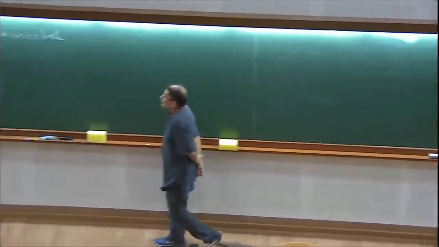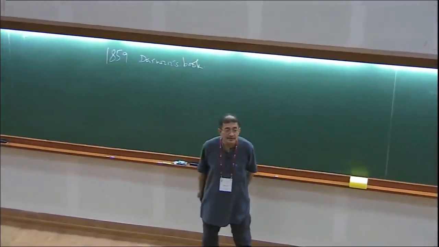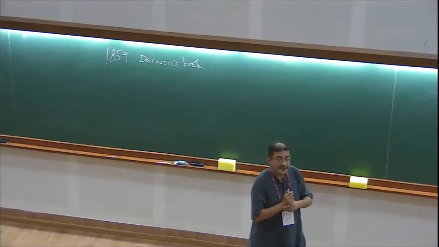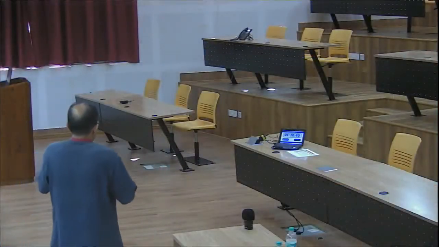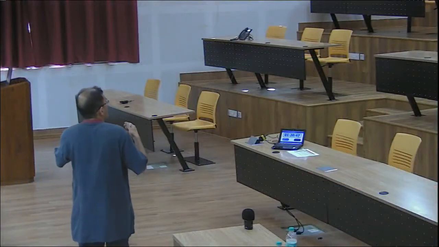Now, most of us are probably familiar with the notion that Darwin came up with the principle of natural selection, which is the idea that individuals in populations or species vary, and some variations are going to make the individuals that exhibit them better able to survive and reproduce in a given ecological scenario.